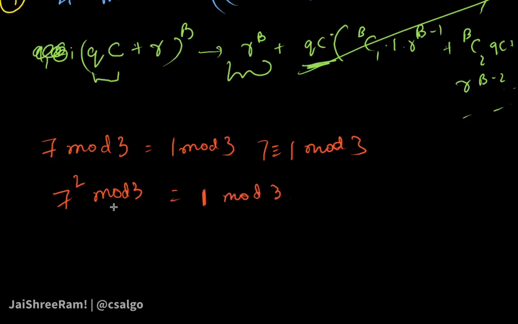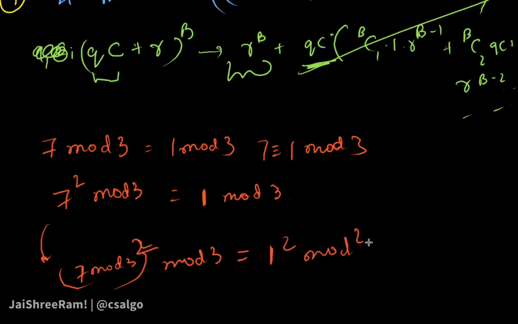In fact, if you take the modulo inside first, that is (7 mod 3) whole squared mod 3, that is also equal to 1. We already calculated that 7 mod 3 is 1, and 1 squared mod 3 is the same as 1. So 7 squared is also congruent to 1 mod 3.